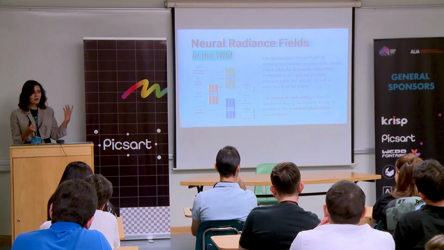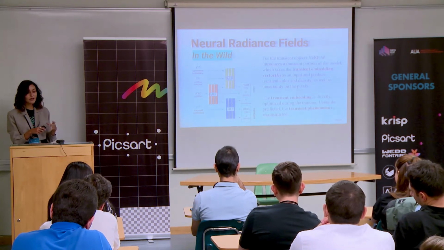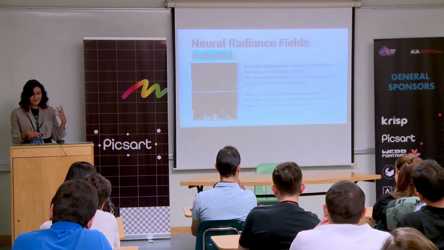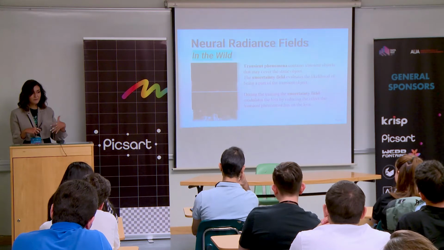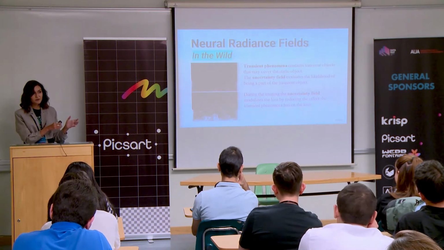Density is basically how much light is passing through it. But it also gives us an uncertainty field, and the uncertainty field is really important because it tells us which pixels are transient pixels and which are not.